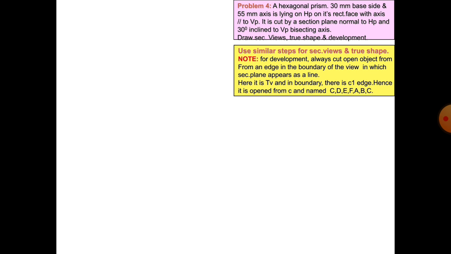A hexagonal prism of 30 mm base side and 50 mm axis is lying on one of its rectangular faces parallel to the VP. It is cut by a section plane normal to the HP and inclined at 30 degrees. Draw views and developments. In that, only the development is a very important factor.